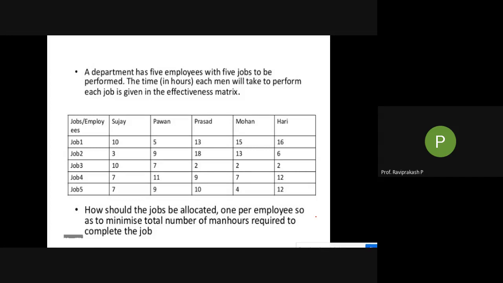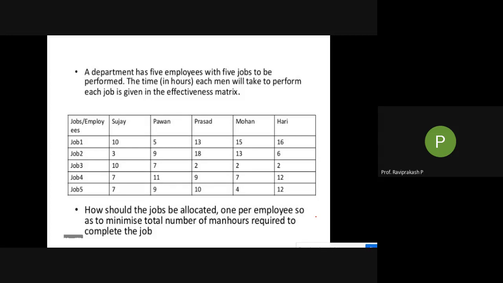Okay, so there is a matrix given to you. They are giving you jobs and employees. The employees are Sujay, Pawan, Prasad, Mohan, and Hari, and the jobs are job 1, 2, 3, 4, and 5. And the respective times taken by each person to do that particular corresponding job, they have given the values.